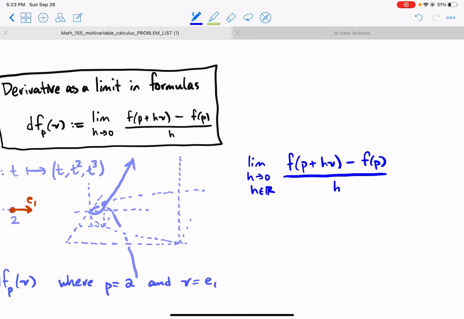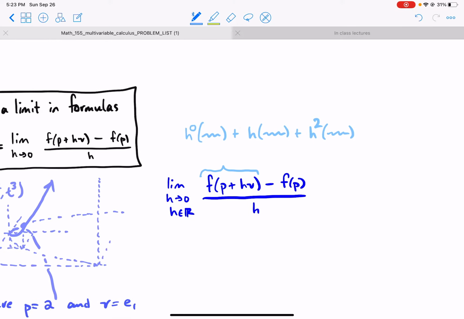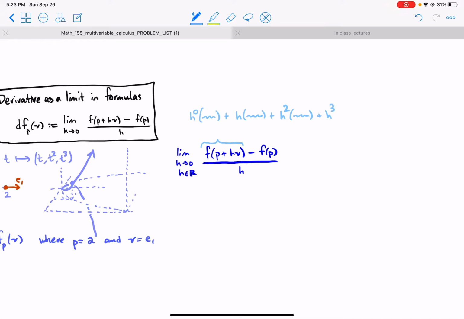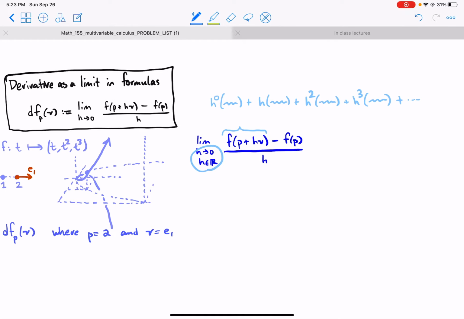And now what's going to happen here is that, I'll do it above, this piece, we're going to write it as h to the 0 times some stuff, plus h to the 1 times some stuff, plus h squared times some stuff, plus h to the third times some stuff, etc., etc. So in the variable h, which is going to 0, we're going to expand this piece, f of p plus hv, into the constant in h, linear in h, quadratic in h, cubic in h, and only the linear piece will survive, because the derivative is a linear map.